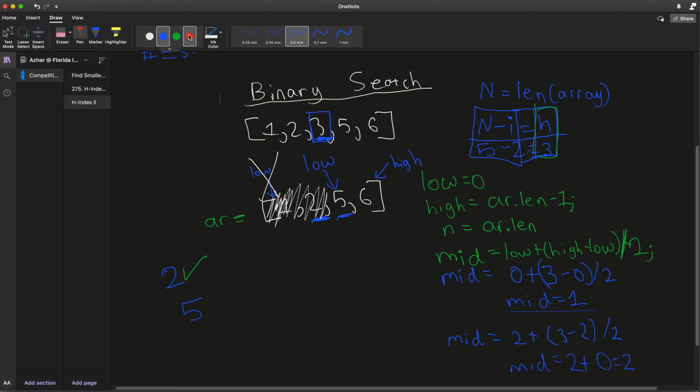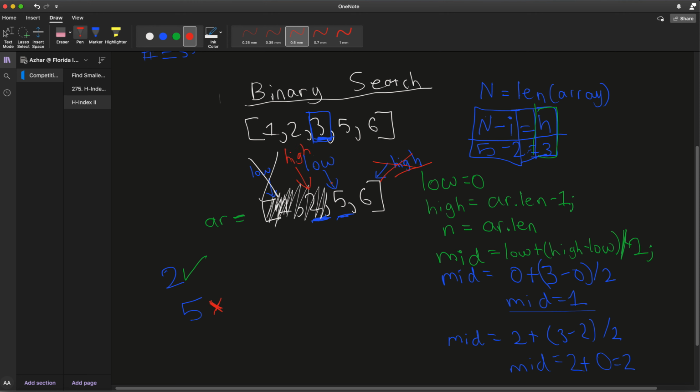Therefore, we're gonna try to find a number that's possibly smaller, or an index that's smaller. So we're gonna go ahead and change our high. What is high going to be? High will be the mid minus 1. So high will actually go here.